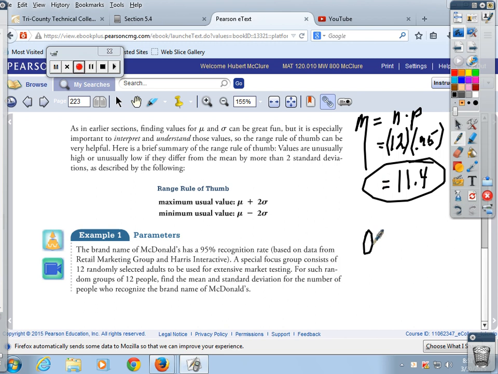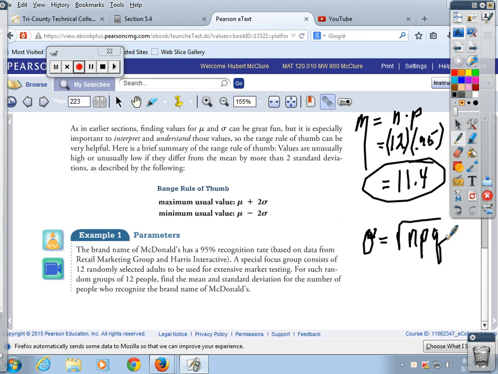Well, Hubert, I don't care about the variance. The standard deviation is equal to the square root of N, P, what? Q. Now again, you don't have to reach for the calculator yet, because if P is equal to 0.95, what is Q?